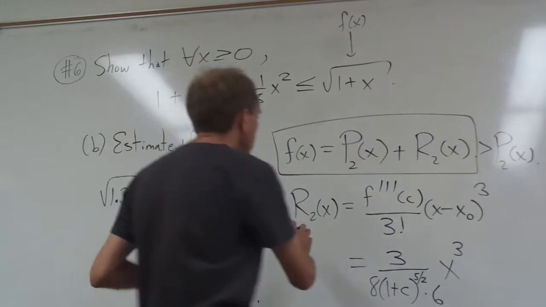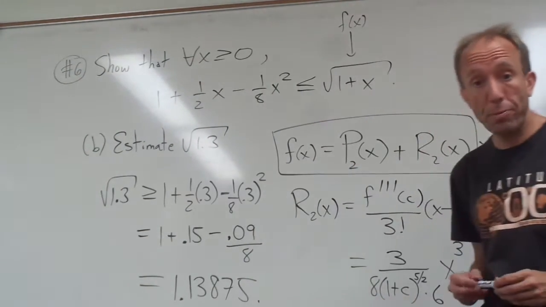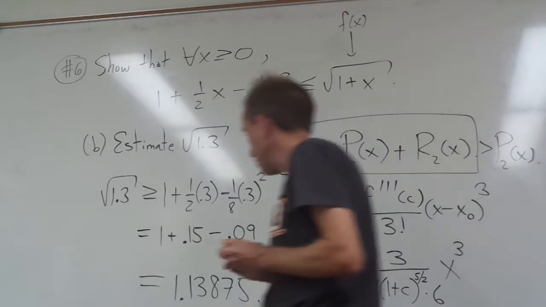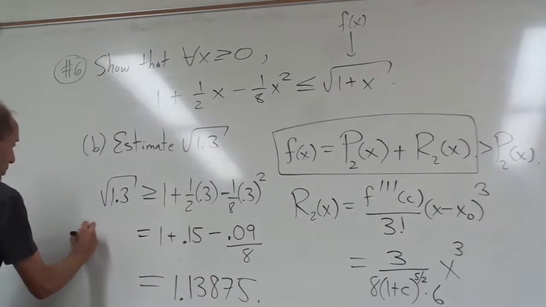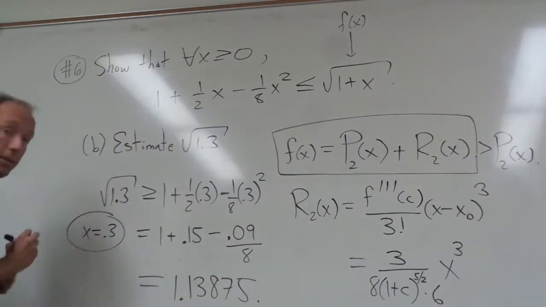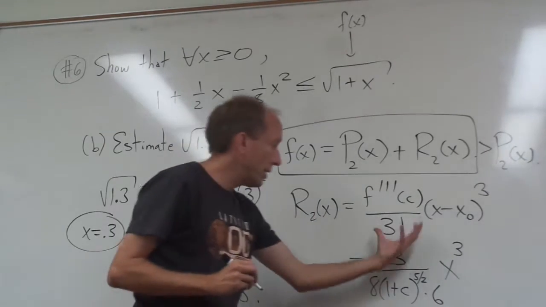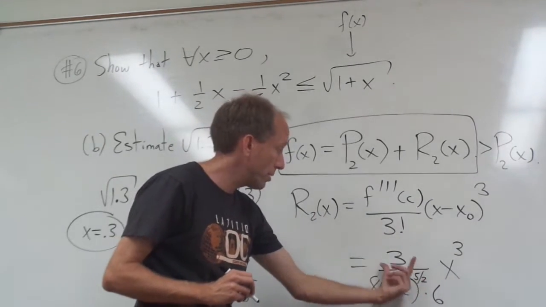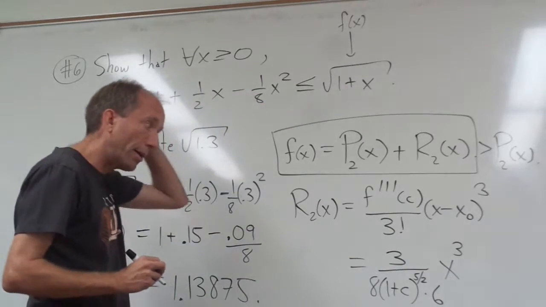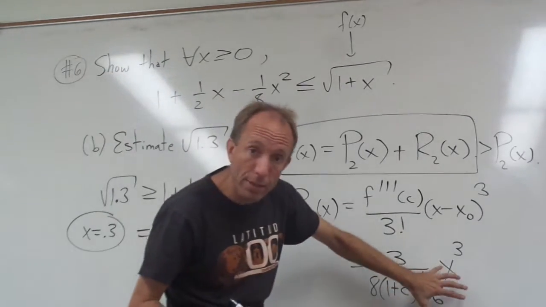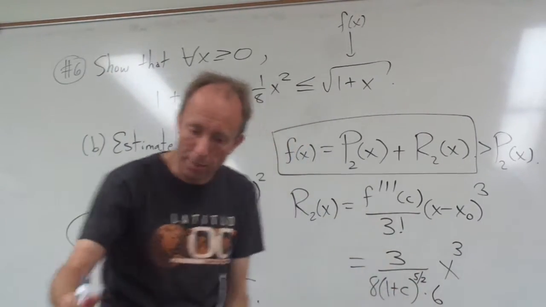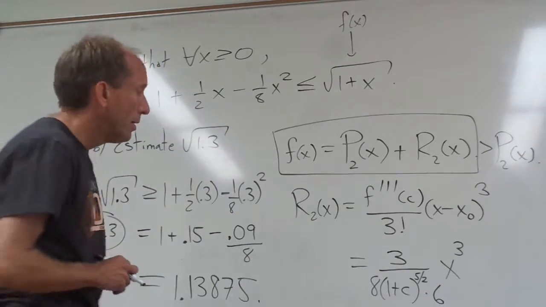And of course, what we can do is figure out what the error would be in using that estimation. So we just used x equal to 0.3. The error is bounded by this, right? This is the expression that gives you the maximum error. I'm actually looking at part C of the question.